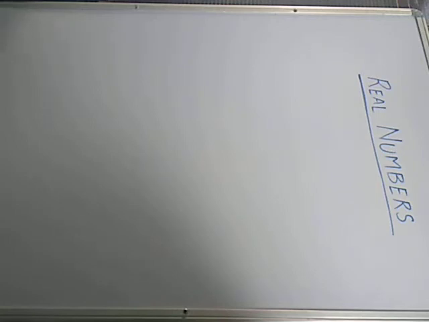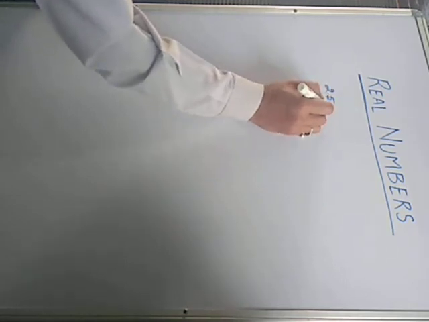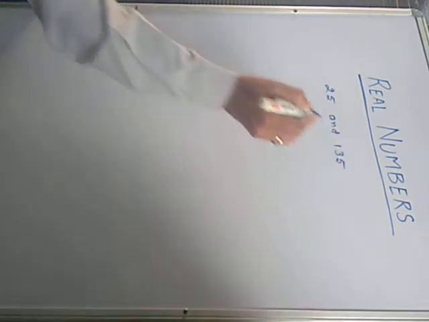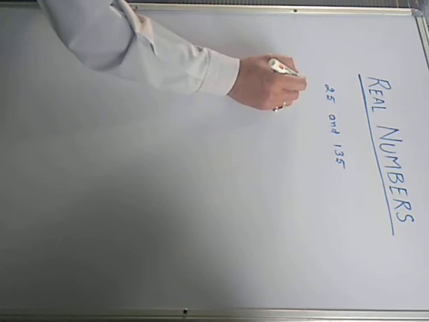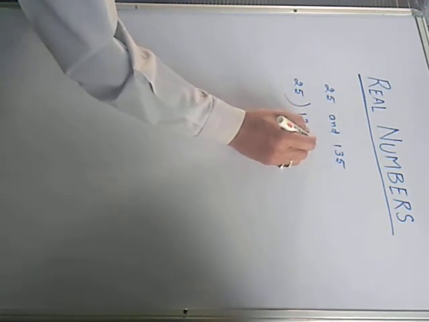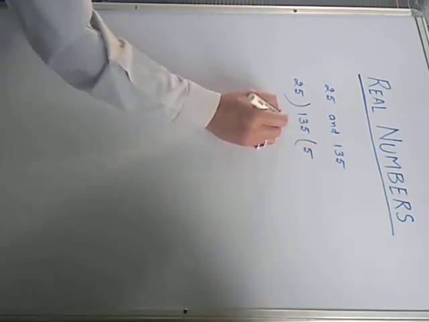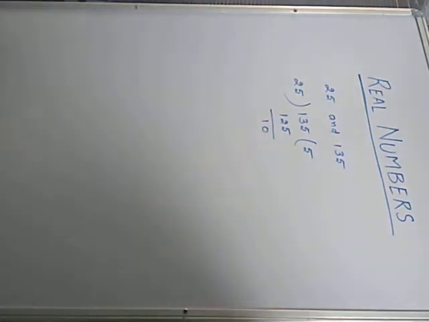For example, if we have to find the HCF of 25 and 135 using Euclid's division algorithm, what we can do is divide 135 by 25. 25 fives are 125, so the remainder will be 10.